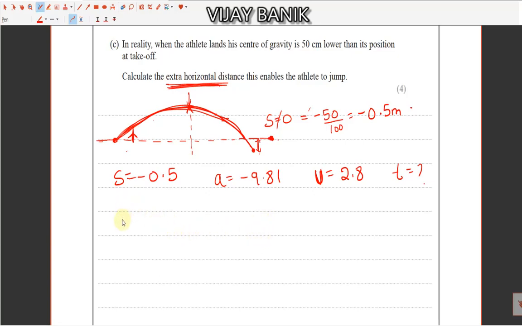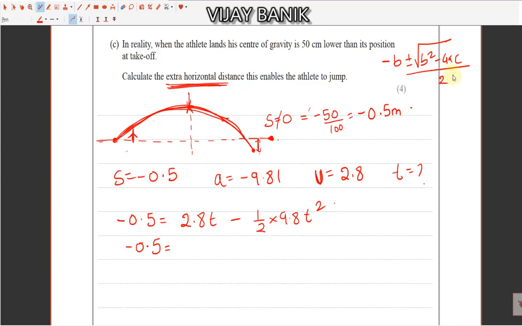So S equals ut plus half at square: minus 0.5 equals 2.8t minus half a t square. Let's all bring it together later on. Usually, if it was maths, you would have done minus b plus minus root of b square minus 4ac. What I would do to save time, I will do it in a calculator. You guys can try with that.